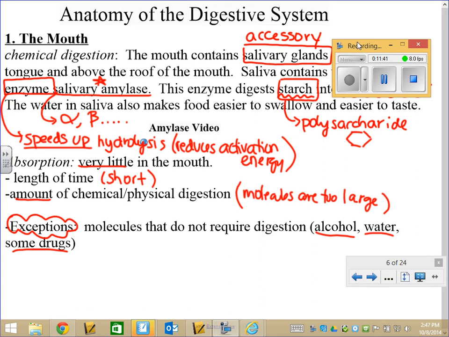Now I know that you all drink water and that none of you are old enough to drink alcohol, but when you are old enough and you taste beer for the first time, first thing you'll notice, if you leave beer in your mouth, beer has carbohydrates in it, and if you leave it in your mouth long enough, your saliva will start digesting and it'll start tasting sweet. Same effect you get if you put a soda cracker in your mouth and leave it there for a little while.